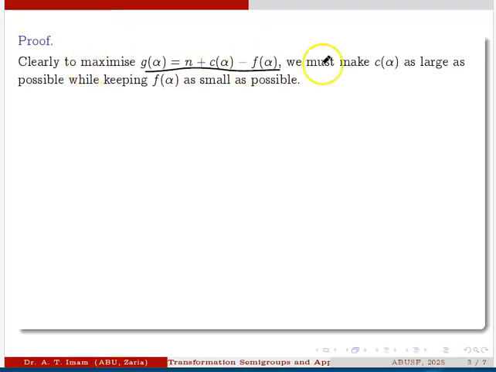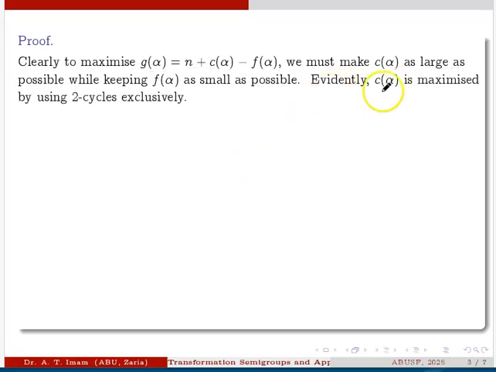So to maximize the gravity, we must make sure that the cycle of alpha is made as large as possible while keeping the fix of alpha as small as possible. To maximize the cycle of alpha, you use 2-cycles, a cycle formed by 2 points.